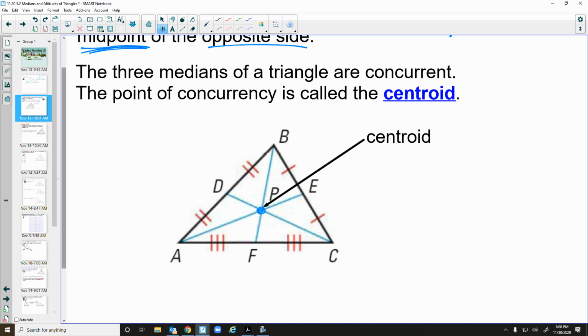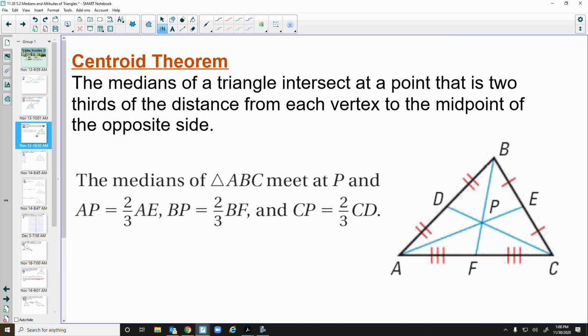The relationship that we have here is that for your centroid, the distance from the vertex to the centroid is 2/3 the distance of the whole thing.